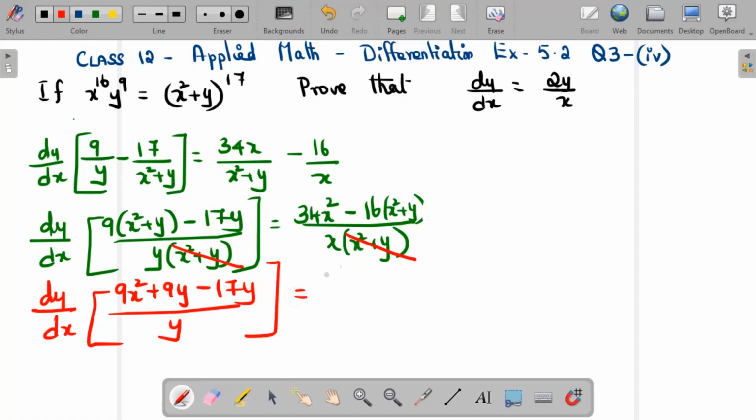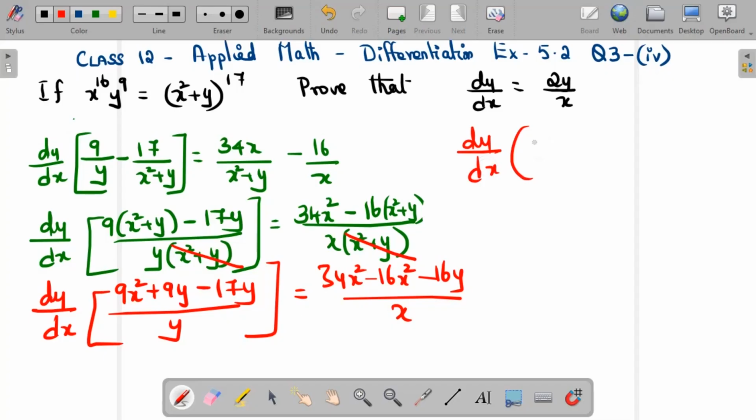On this side it is (34x² minus 16x² minus 16y) divided by x. So dy/dx into (9x² minus 8y) divided by y. On the right side, it is going to be (18x² minus 16y) divided by x.